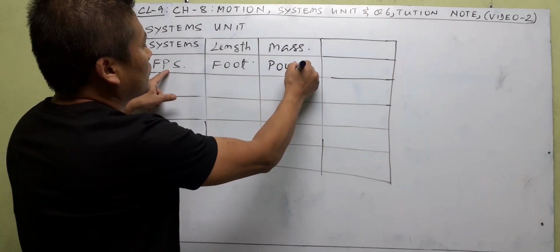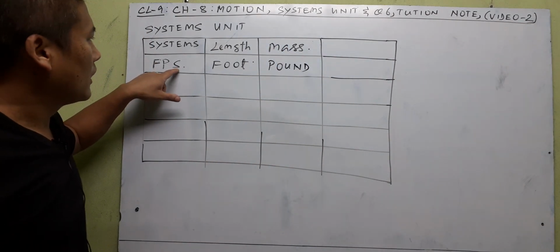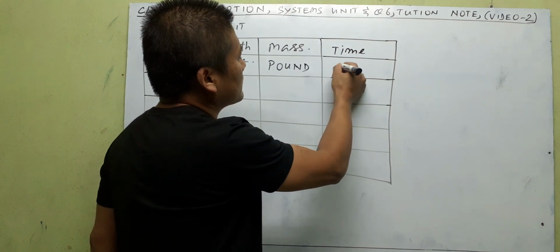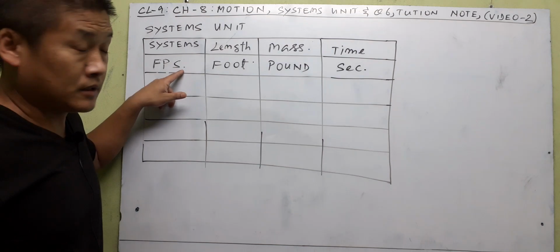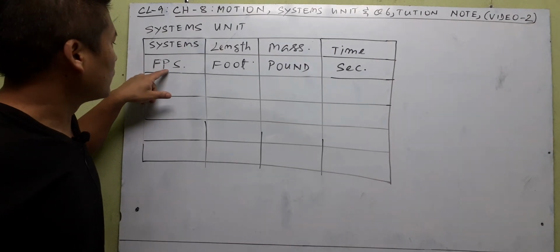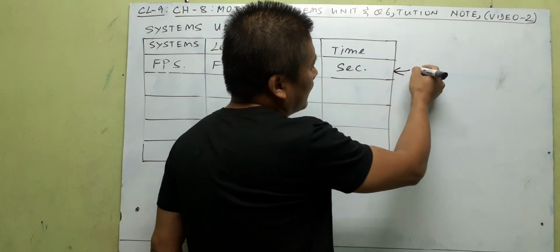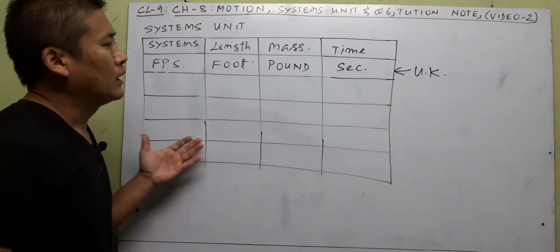So they use pound in this system to measure mass. And for measuring time, we will use seconds. So that is the meaning of the FPS system, that is foot, pound, second. This was dominantly used in the UK, by the British people.